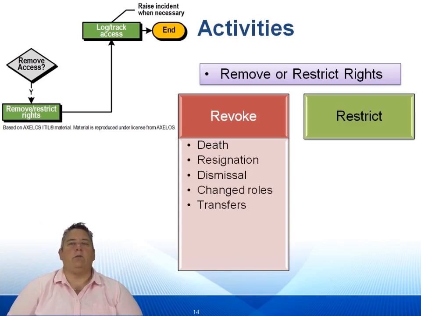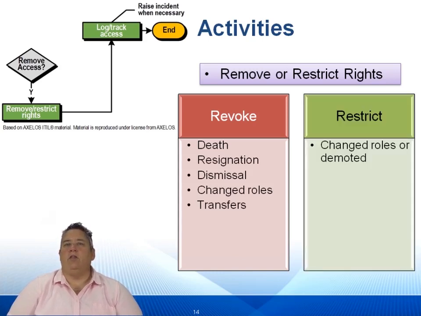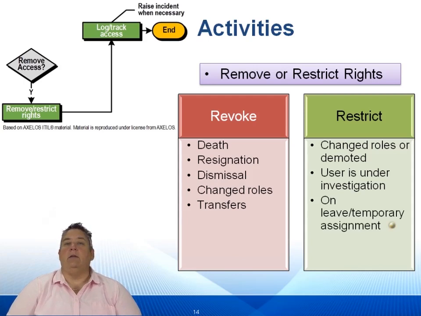We could restrict rights because of a changed role or because you've been demoted, a user is under investigation because of multiple attempts to gain access where they're not supposed to be, or they could be on leave or on temporary assignment. Realize that these examples could be rather extreme, but they're also happening day to day in organizations. So those are reasons to remove or restrict rights.